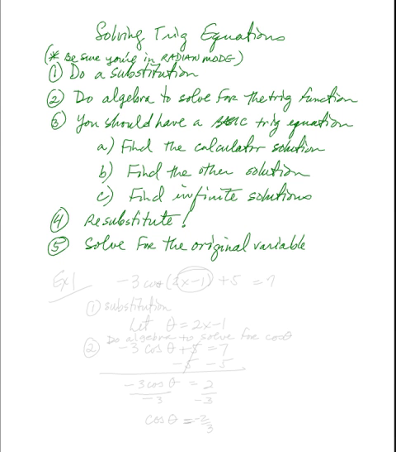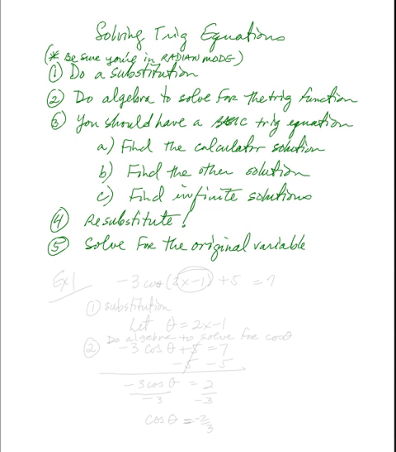At this point, in step 3, you should have a basic trig equation. Essentially everything we do is to reduce everything down to a basic trig equation. That's how we really solve. Then you go through the 3 steps: find the calculator solution, find the other solution, find infinite solutions. And once you've got the infinite solutions in terms of your angle, you go back and resubstitute from what you did in step 1, and finally solve for the original variable.